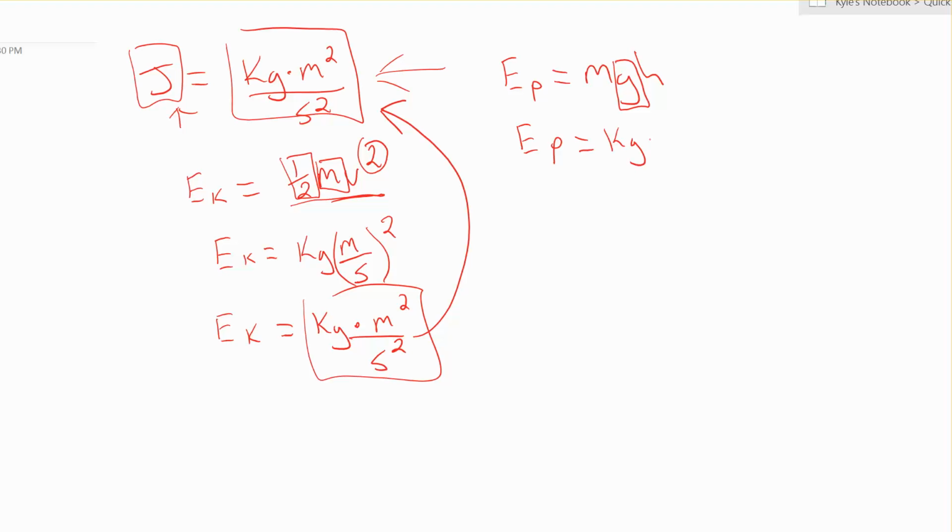So the acceleration is meters per second squared. And then I go times my height, so the units for height are meters. If we simplify this, potential energy is equal to kilograms times meters squared, because I just multiplied those two together, divided by seconds squared. It worked again.